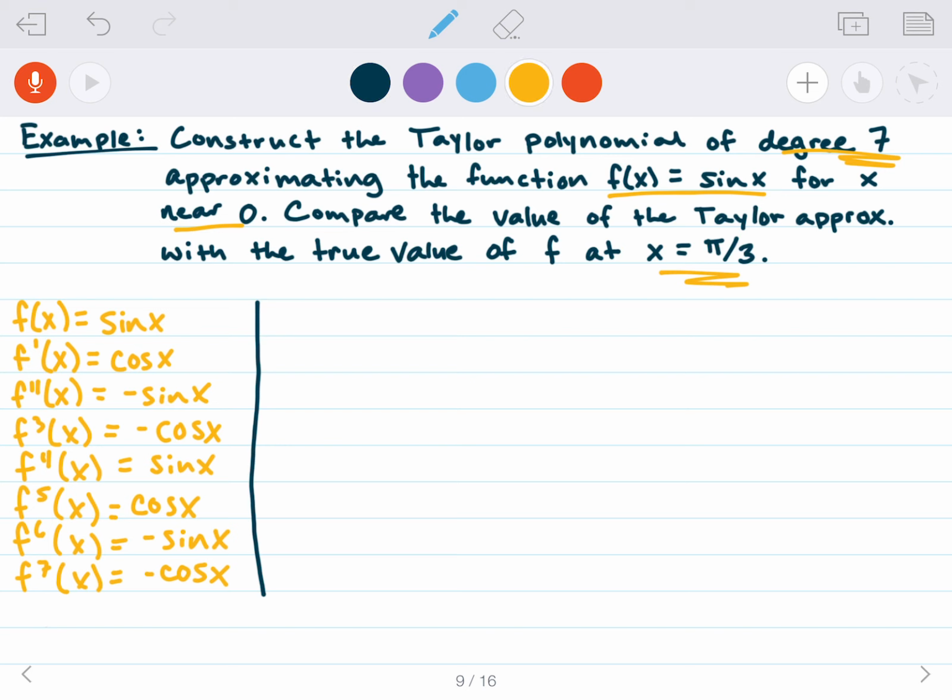We need all of that. So again, you should verify this, but it's just basic Calc 1 stuff. We're just evaluating the function first and each of the derivatives at 0. So f prime of 0 is cosine of 0, which is 1. F double prime of 0 is negative sine of 0, which is 0, and so forth and so forth.